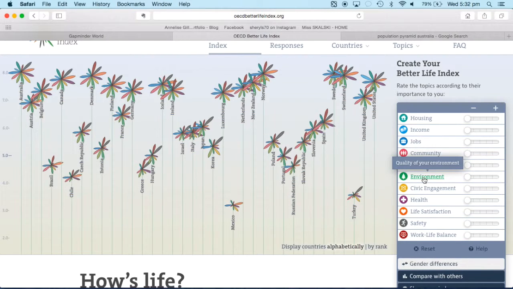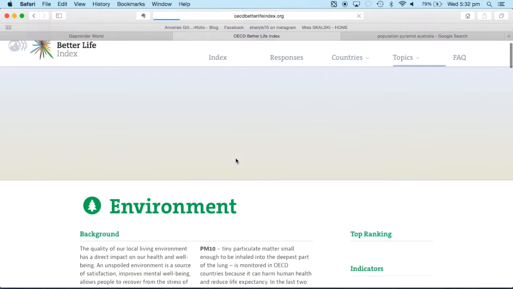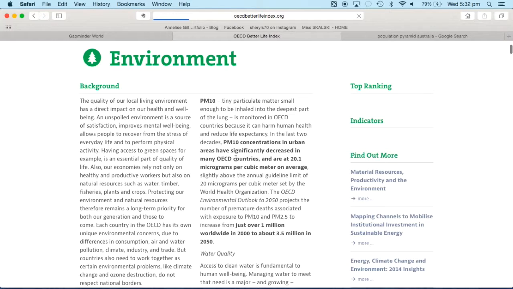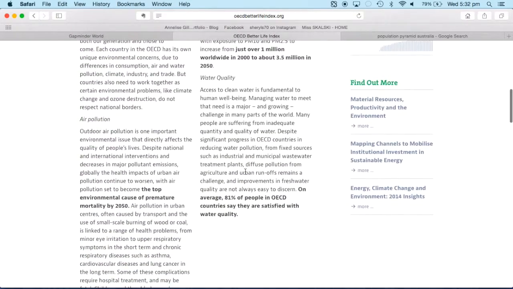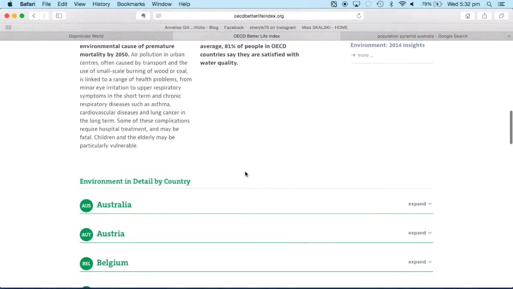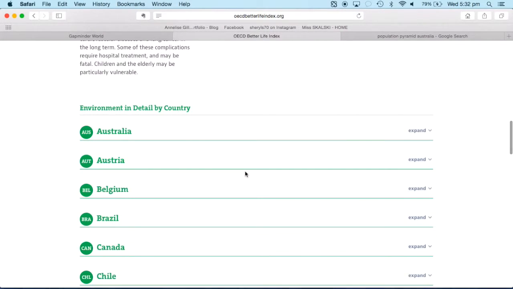Now, if you click on the word itself, it will open up a page which will tell you what they're actually measuring. Okay, so here we can tell they're actually looking at the quality of the environment, air pollution, water quality. So they're looking at a whole range of things.